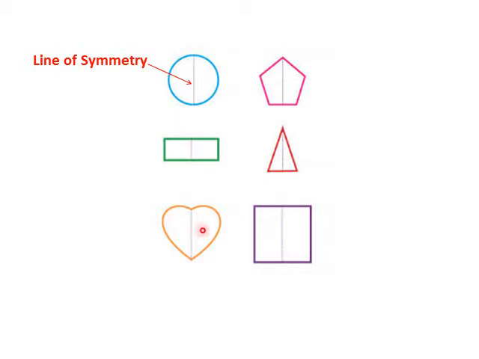In this heart, imagine that you have this heart on a paper and you cut it with the scissors and you want to fold it in the middle. So you will fold on this line. This line is called a line of symmetry. All these shapes, what do I call them?